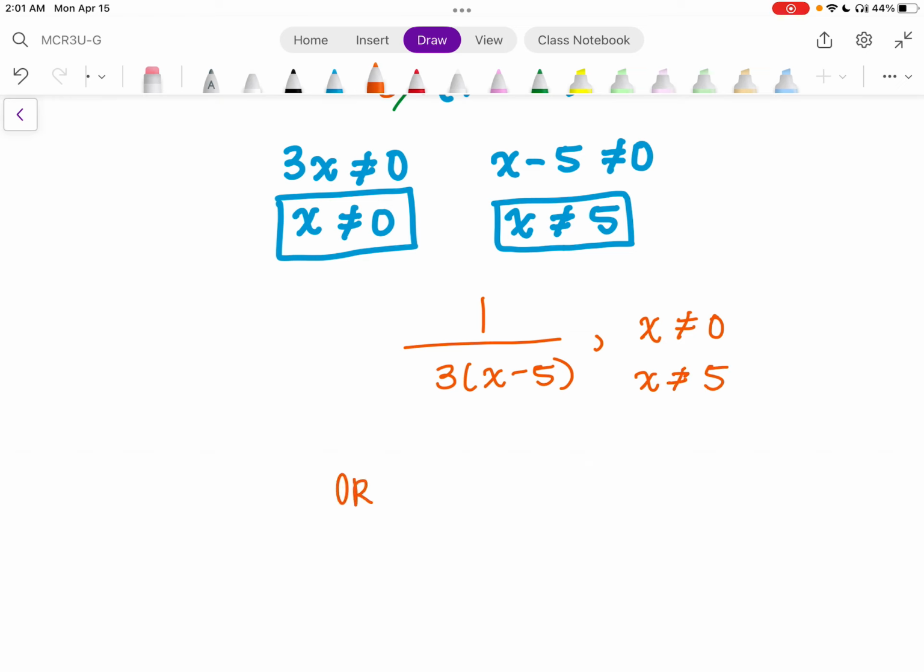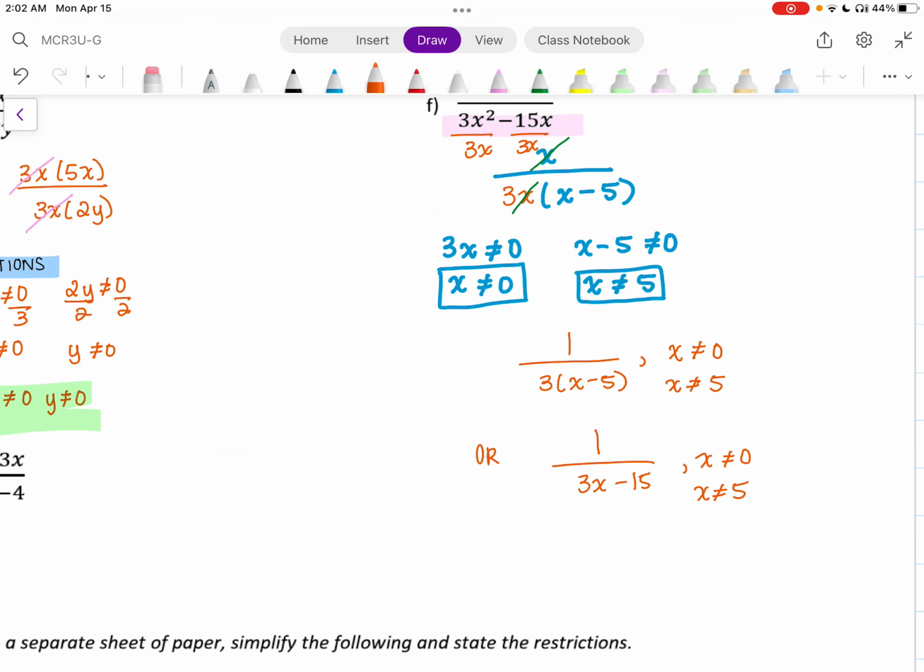Or you could write this as 1 over 3x minus 15, where I just distributed the 3 in. x cannot equal 0, x cannot equal 5.